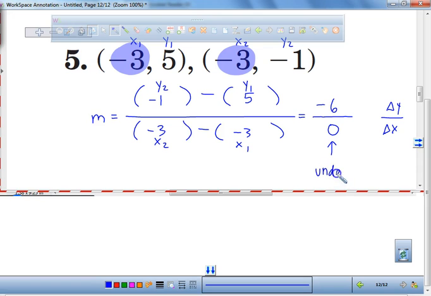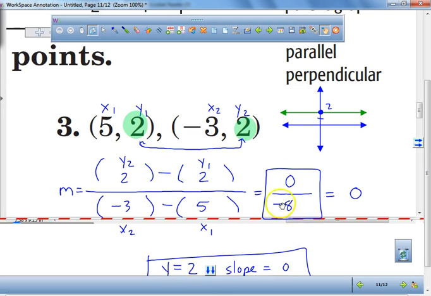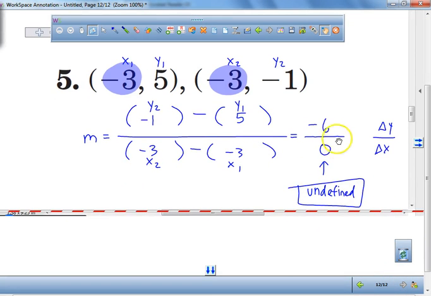That's where you get an undefined slope. What I need you guys to understand: when you get 0 in the numerator, but you get an integer in the denominator, your slope is 0. But if you get a 0 in the denominator, what is your slope going to be?